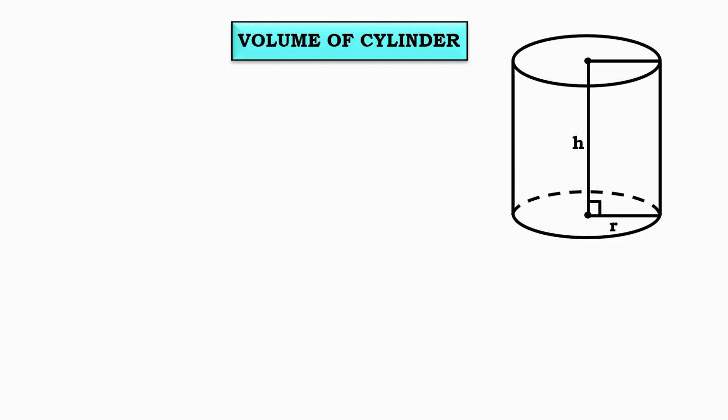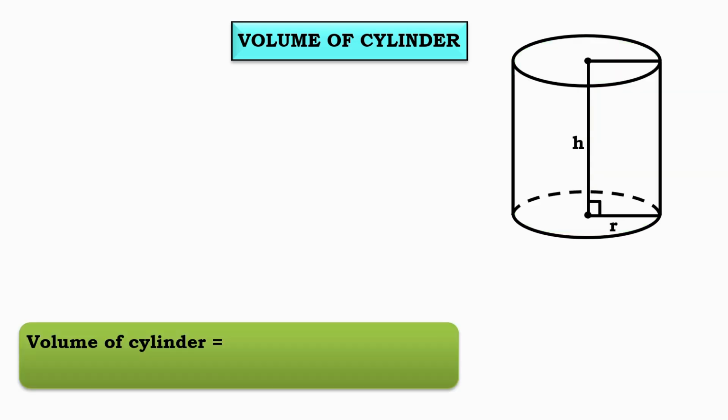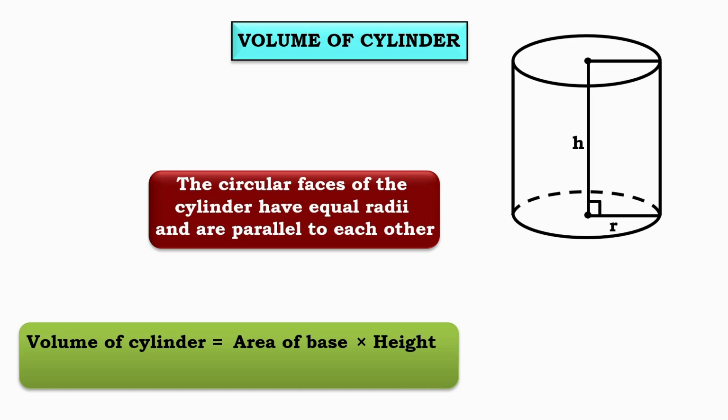Now let us find the volume of the cylinder. The volume of the cylinder is the capacity of the cylinder, meaning how much it can contain, right? So the volume of the cylinder is the area of the base into height. The circular faces of the cylinder have equal radii and are parallel to each other, right?